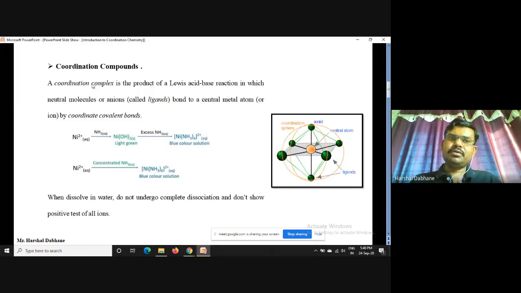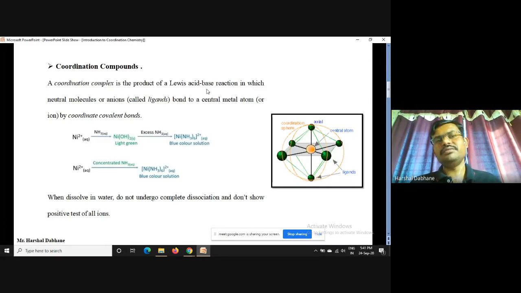Now we have to understand what we mean by a coordination compound. Here we have a metal which can provide empty orbitals, meaning they don't have electrons. Then we react such a metal with NH3, which is ammonia, and this nitrogen has a lone pair present. So we have two entities here, Lewis acid and Lewis base.